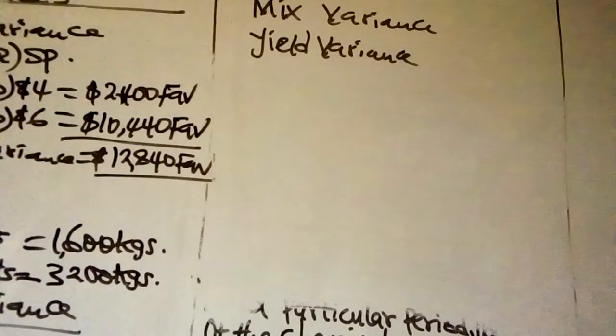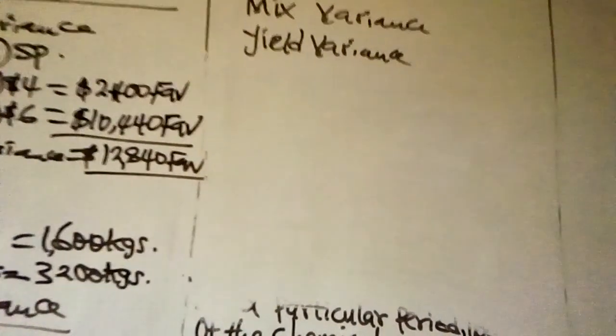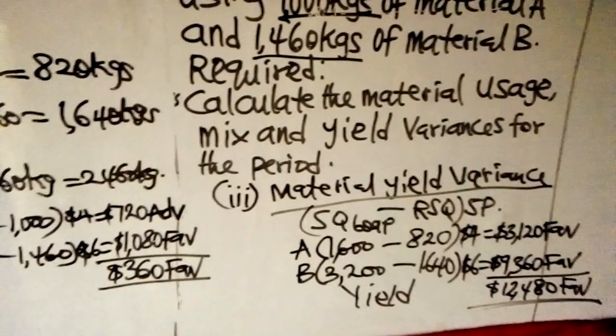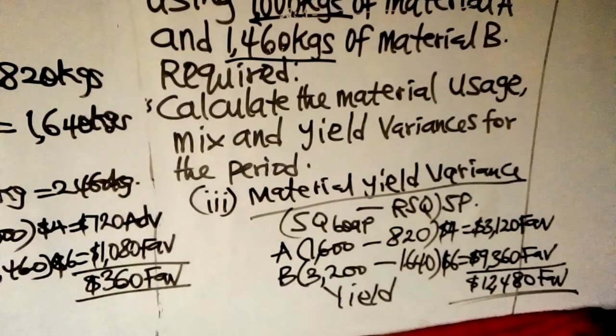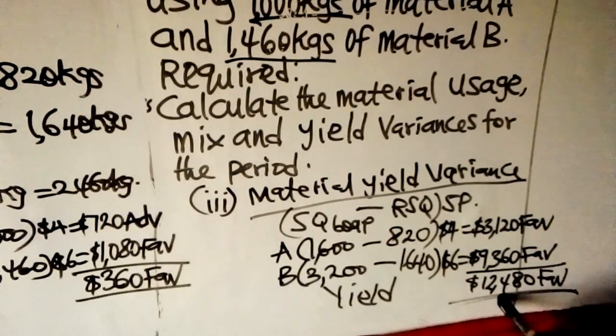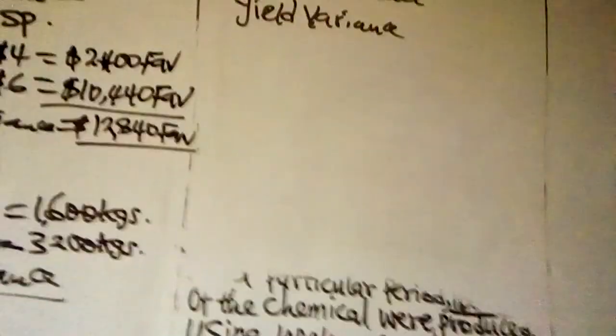For material yield variance, we got 12,480 favorable.